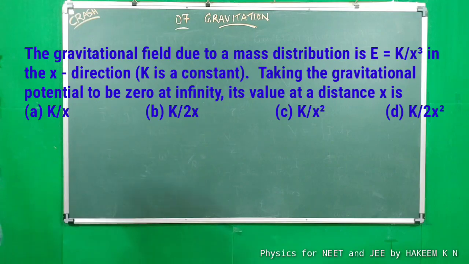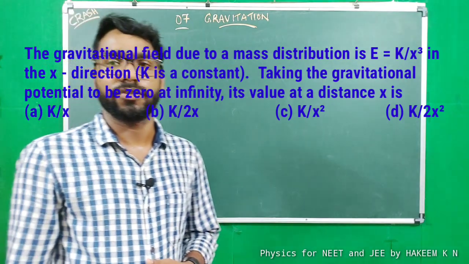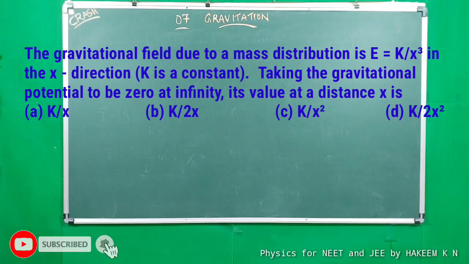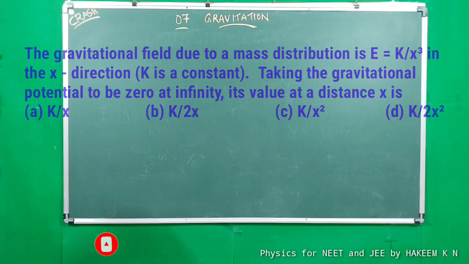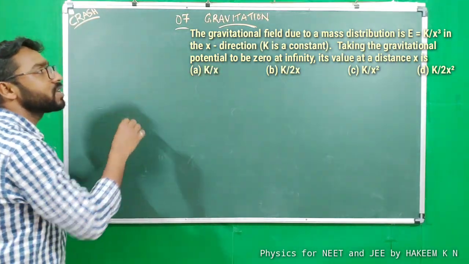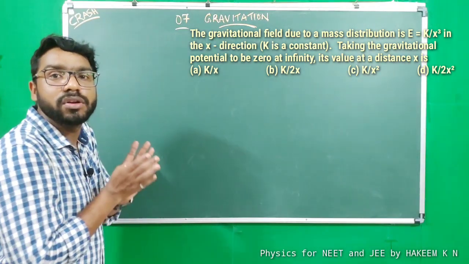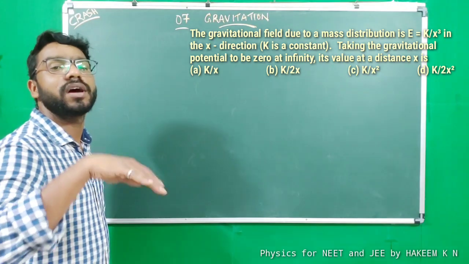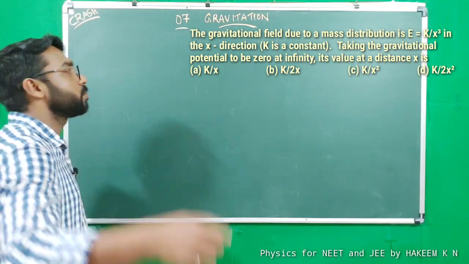Just pause the video and try to solve it. Here E means gravitational field intensity. It is given as a function of x, k by x cube. So from that we have to calculate gravitational potential.